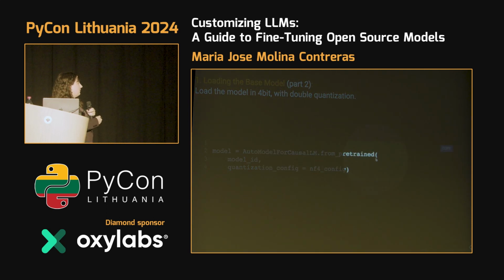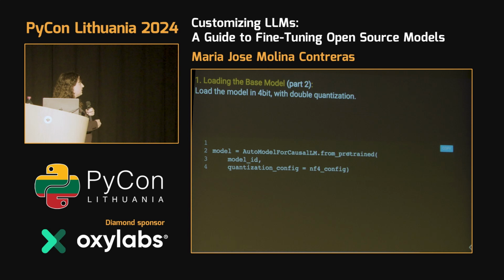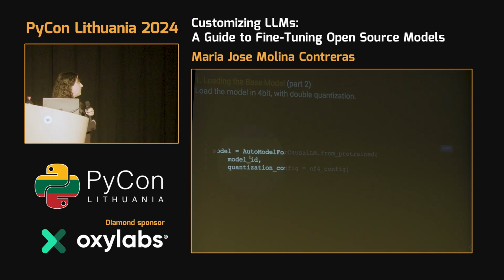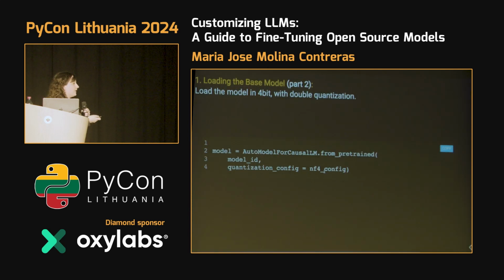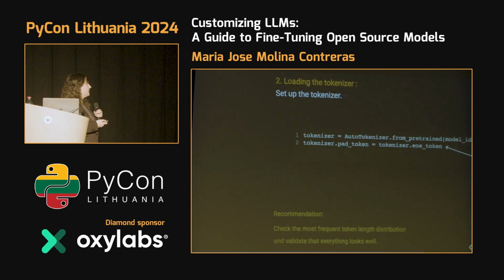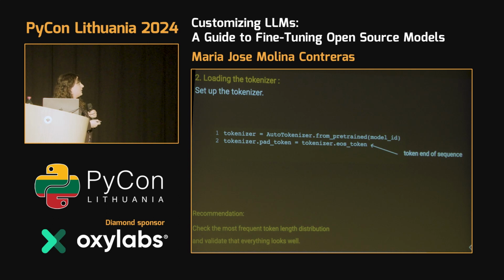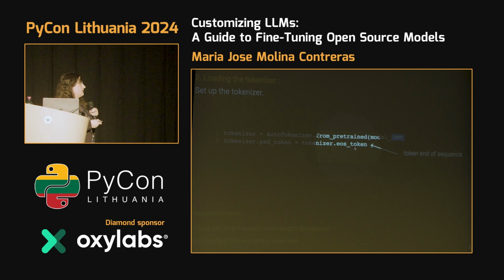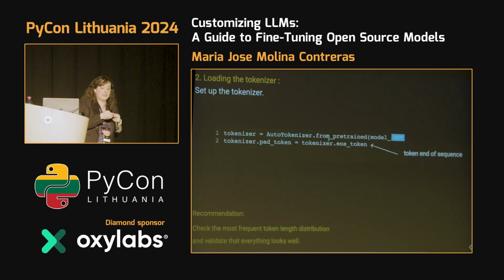It's only using from_pretrained, calling the pre-trained model, and adding the configuration that we just defined. Awesome. This is working now. But we also need to add the tokenizer part. In this case, again, it's just tokenizing the base model and making sure that the tokenizer padding and the end of sequence are aligned, just to be sure we don't have warnings.